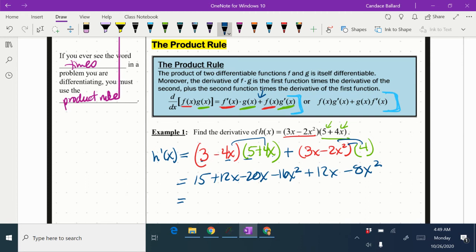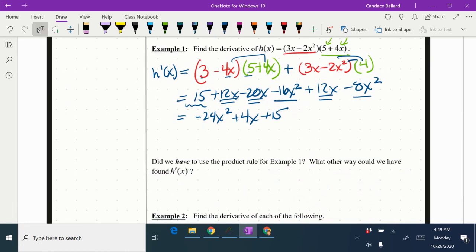We're going to combine our like terms. I choose to put my x squareds up front, so negative 16 and negative 8 is negative 24x squared. 12x minus 20x plus 12x would be positive 4x. And then the only one left is 15, so plus 15 at the end.